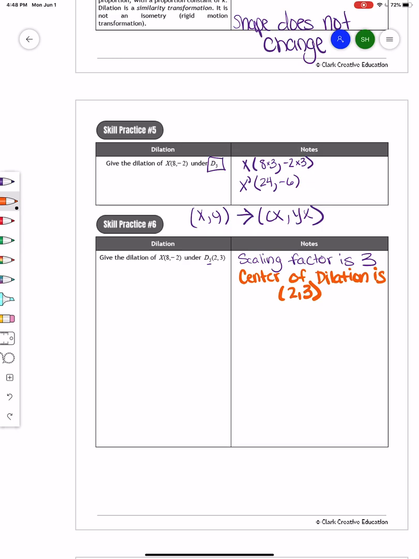So basically, the distance in x is 8 minus 2, which equals 6. Because that's the distance from this number to that number.